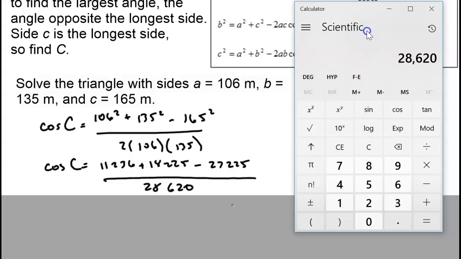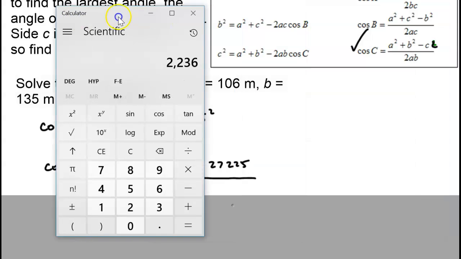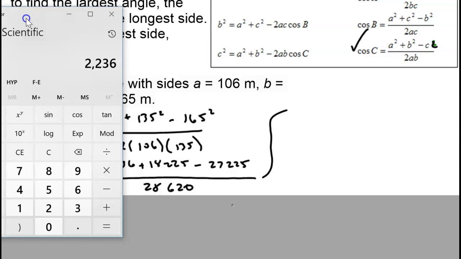Now let's calculate what we've got in our numerator. 11,236 plus 18,225 minus 27,225 should equal 2,236 over 28,620.